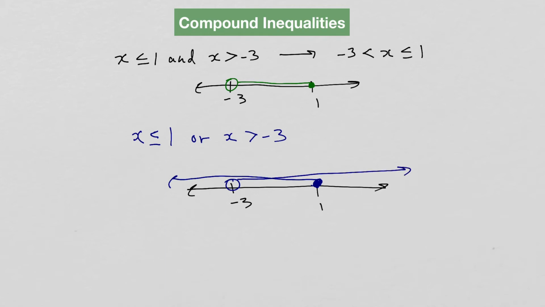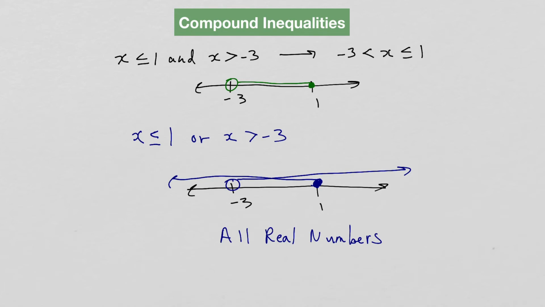Okay, because this is a disjunction, meaning it's an or scenario, the answer is all real numbers. The reason it's going to be all real numbers is because it is the union of the individual inequalities, which would be the entire line.